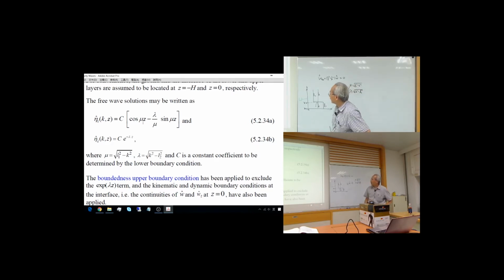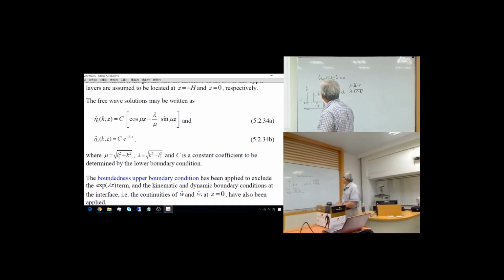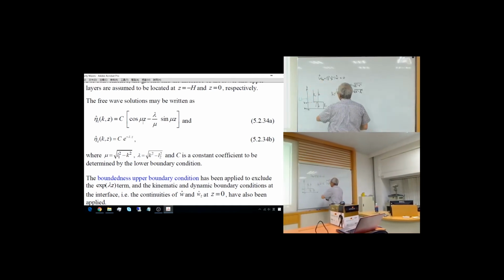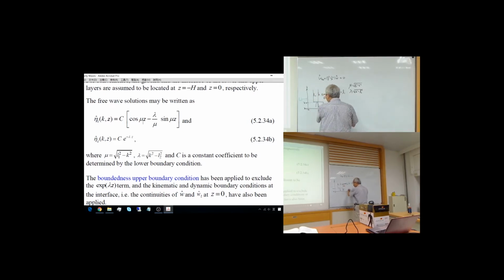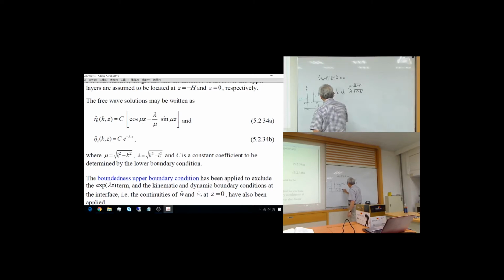On top, this is evanescent flow, and in the lower layer it is a vertically propagating flow regime.